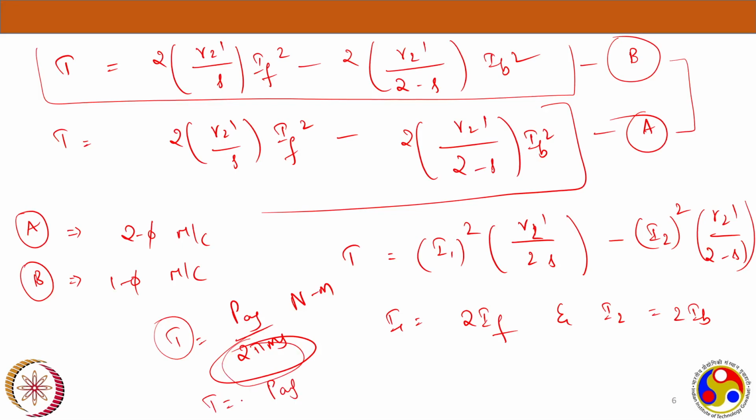So I can write torque is equal to PAG if power is in synchronous watts. See, if I multiply my torque with 2 pi ns, it will be the air gap power only. If the unit of torque is synchronous watts, then it means it is the same as air gap power. So we are eliminating this particular 2 pi ns and writing this unit as synchronous watts.